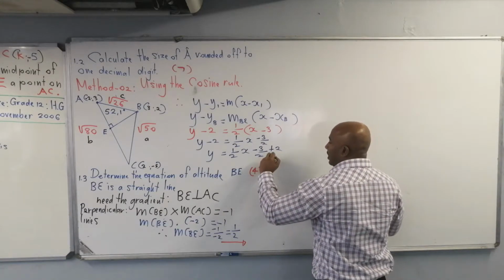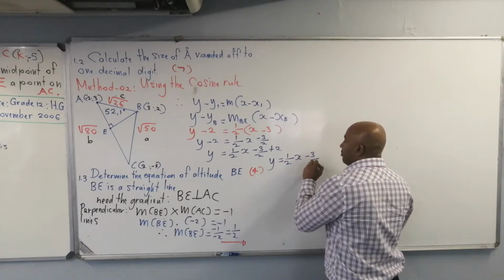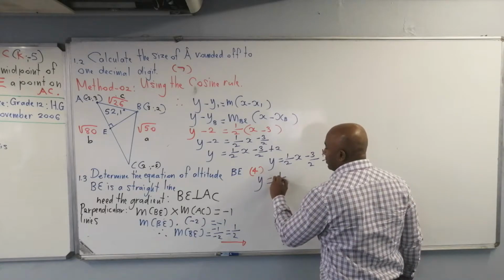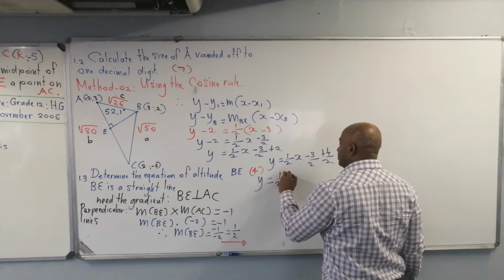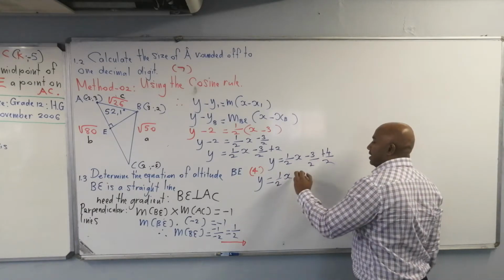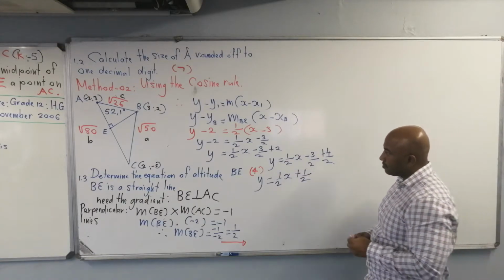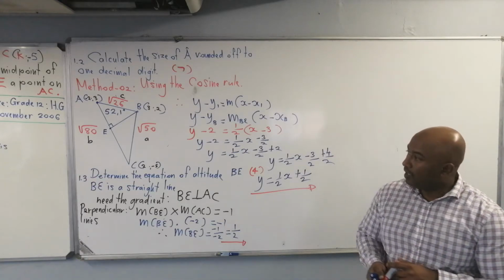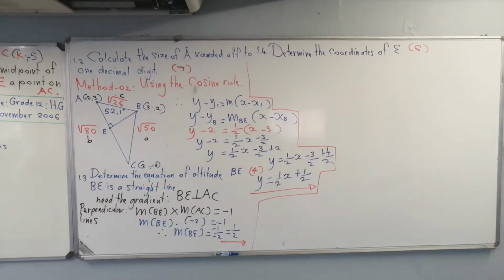So therefore, y is equal to 1 over 2 x minus 3 over 2 plus 4 over 2. So y is equal to 1 over 2 x. 4 minus 3, that is 1, so that's plus 1 over 2. Right, so that was our 4 marks. Determine the equation of the altitude BE.